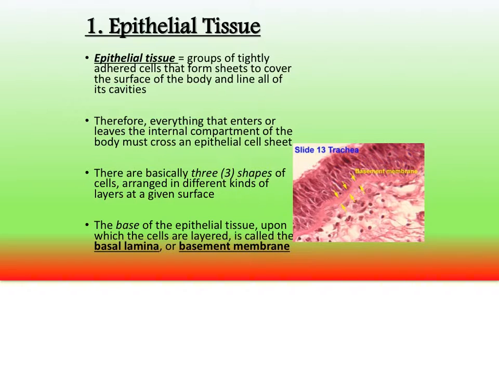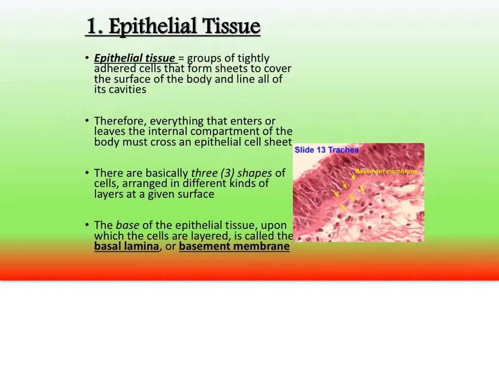So epithelial tissue, we'll define this real quick and then that's where we'll wrap up. An epithelial tissue is a tight group of cells that form a sheet that covers the surface of something and then lines your cavities. So it covers the surface of your skin. It also lines the inner cavities of your body. So anything that enters or leaves the actual internal portion of your body, your bloodstream, has to be absorbed through an epithelial layer.